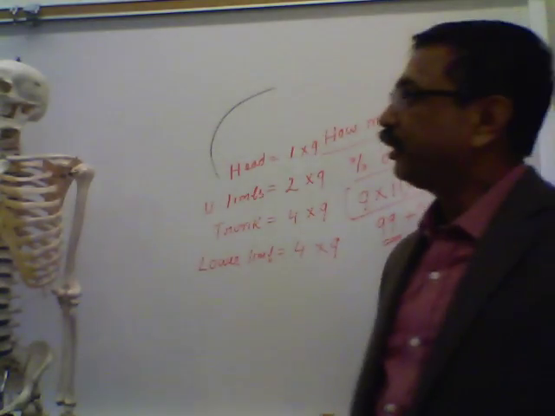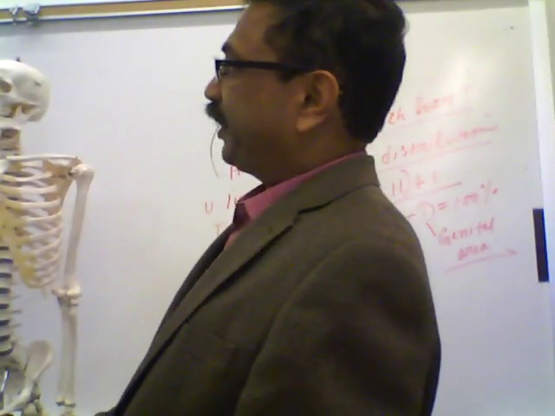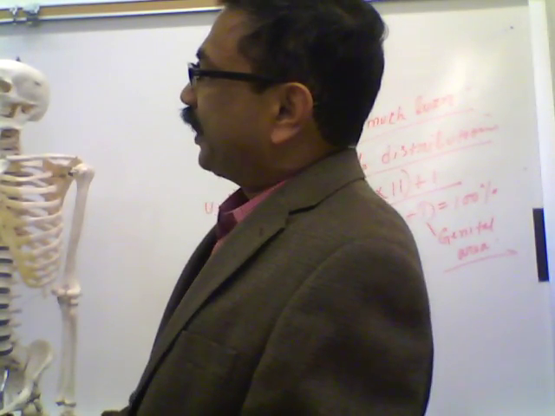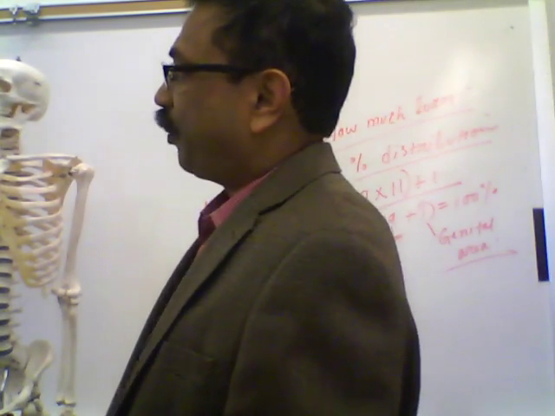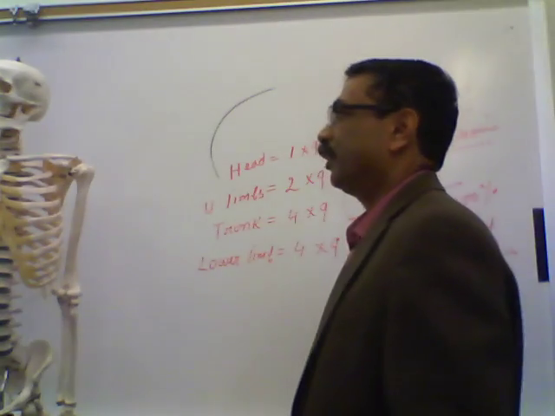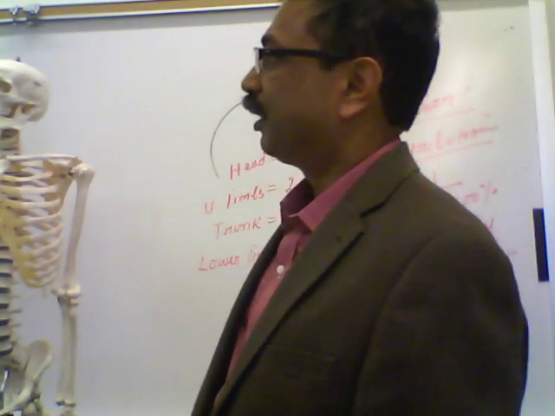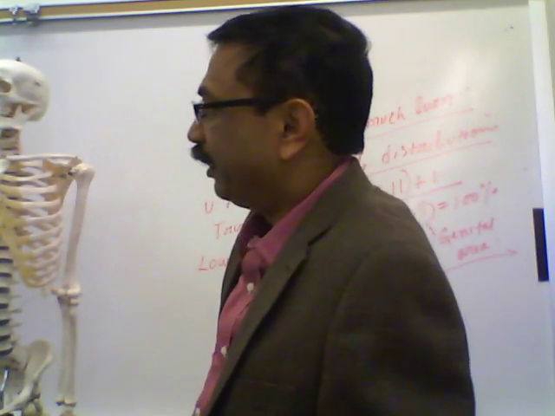Nail, another structure of your integumentary system. If you see the structure of a nail, you have different parts in it. You have the body of the nail, the root, and nail folds. There are proximal and lateral nail folds.